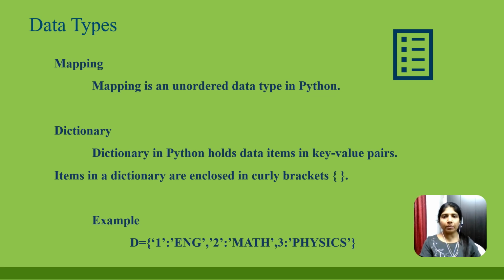Instead of index numbering, a key is used to give reference to each value. Example is D equals 1 colon ENG, 2 colon maths, 3 colon physics. Here ENG, maths and physics are the values, and 1, 2, 3 are the keys.